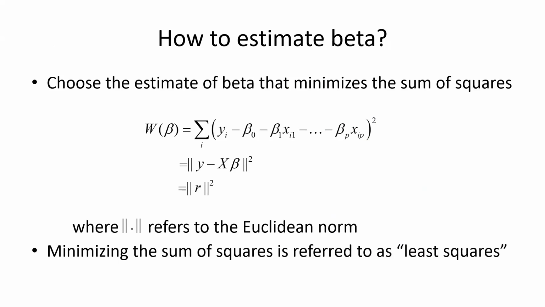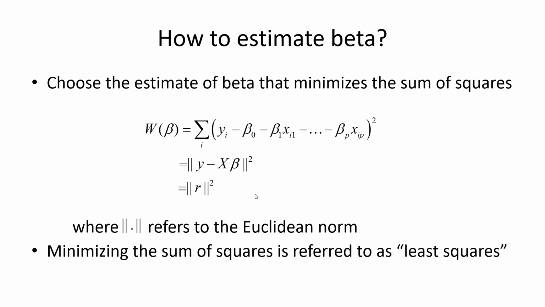So I'm summing up the residuals here. So y minus the estimate is the residual, so y minus x beta, but it's the sum of squares. So really what I have is y minus x beta, then I have the Euclidean norm squared, or the residual Euclidean norm squared.